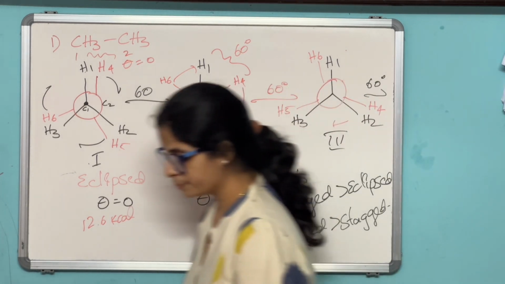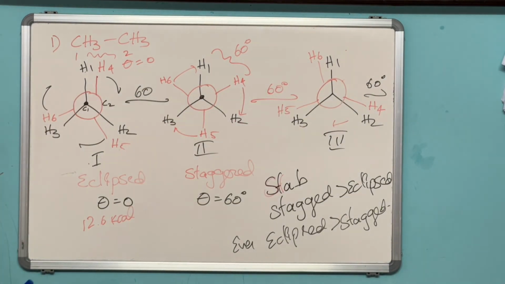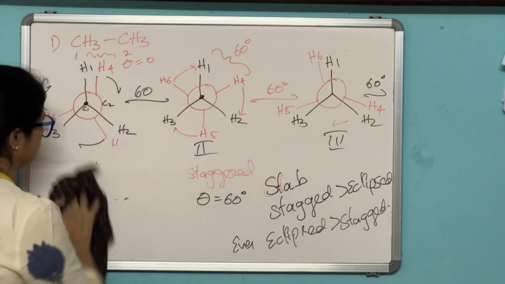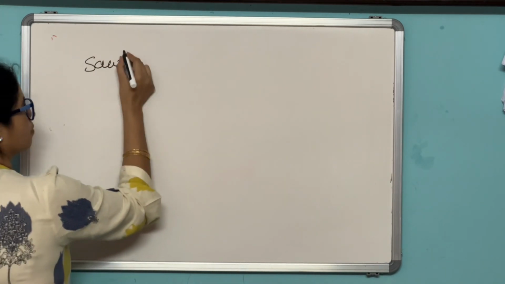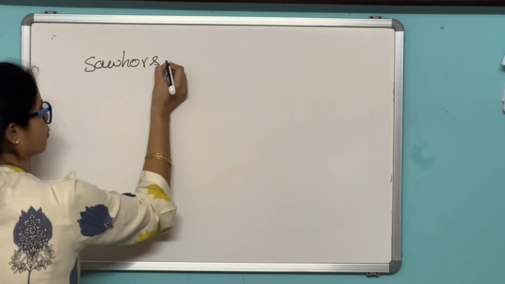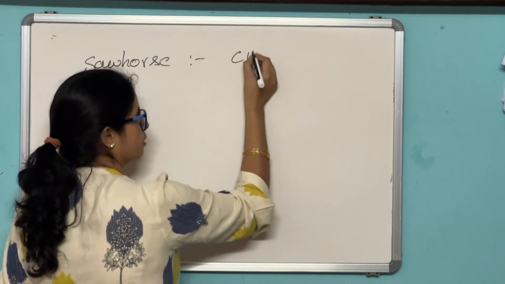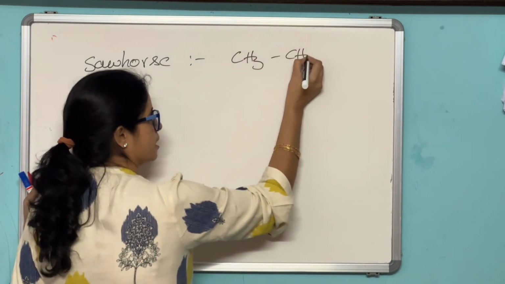Okay, now the Sawhorse representation of ethane, CH3CH3.